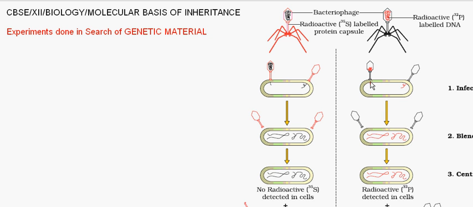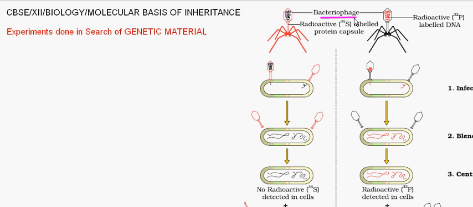They infect bacterial cells. So Hershey and Chase first grew some viruses in the presence of radioactive sulfur, and other viruses in radioactive phosphorus.